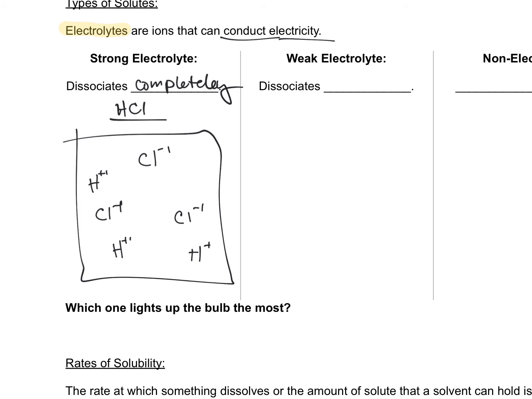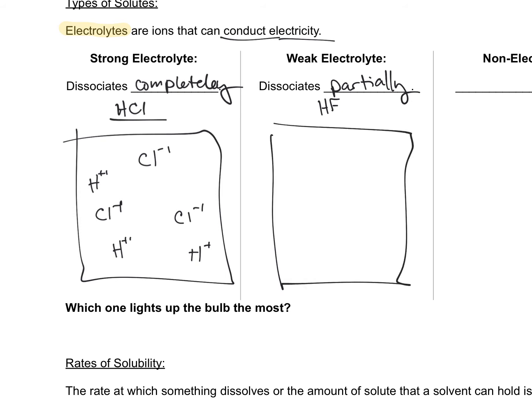Now with weak electrolytes, they only dissociate partially. They still form electrolytes, which are those ions conducting electricity, but only partially. I believe hydrofluoric acid is an example of this one. So you would end up with some H's separated from their F's, but also some that are still together.